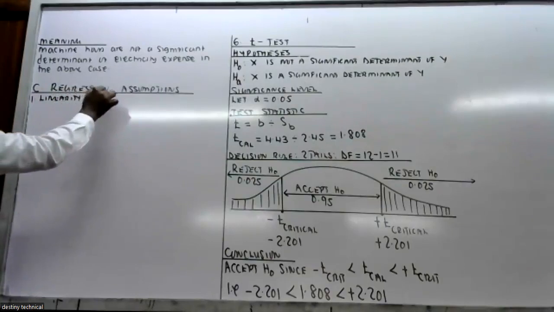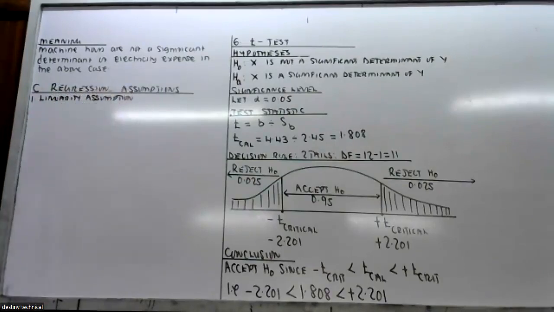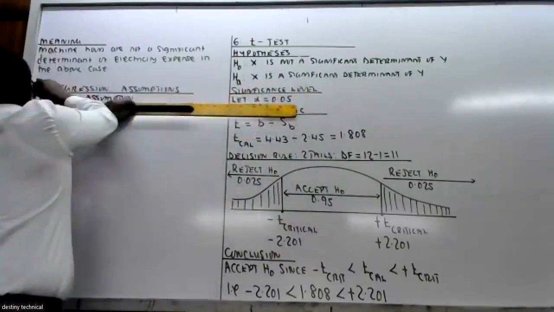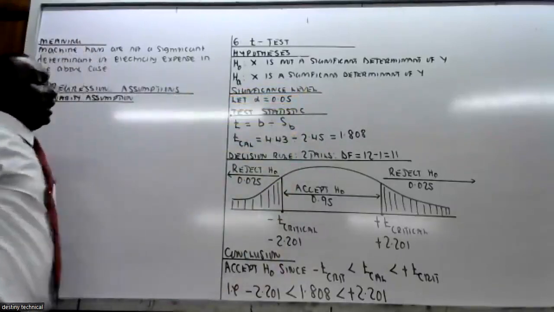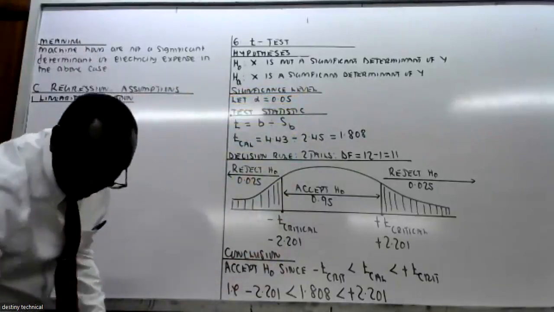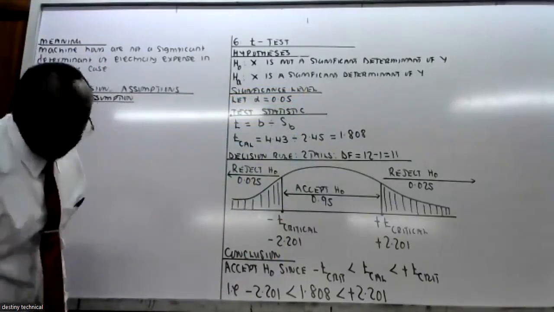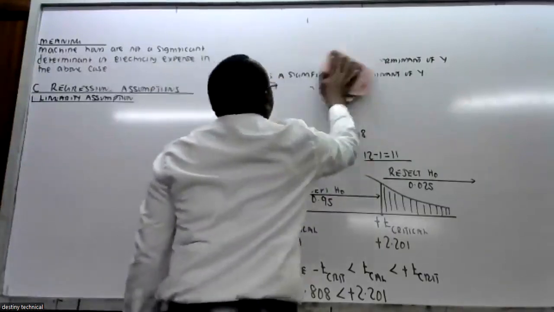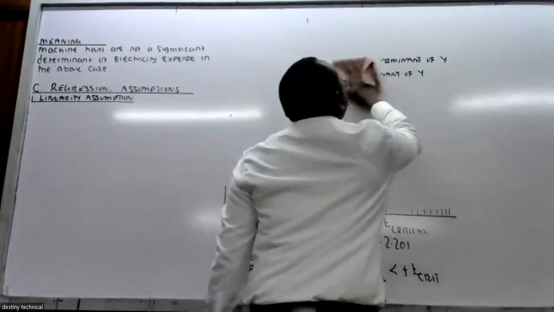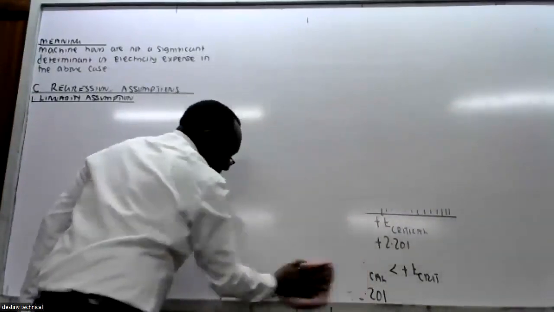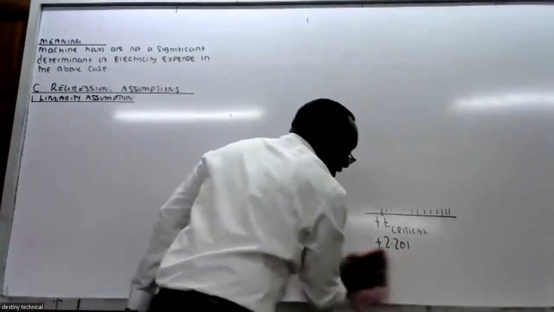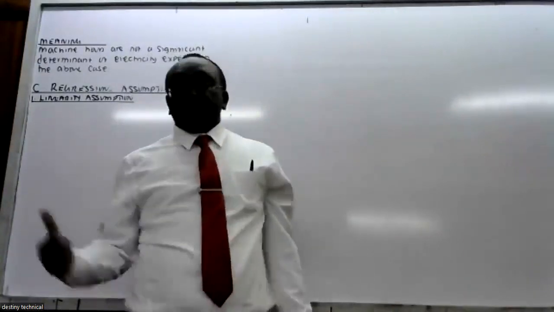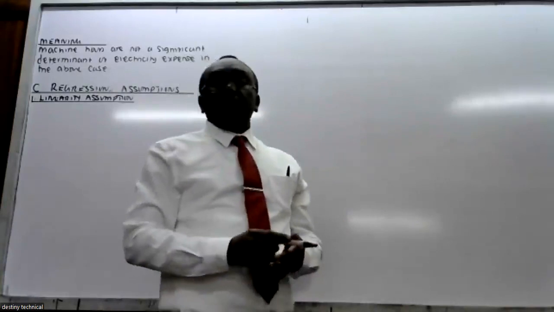Linearity assumption. It has been described in your notes, and it simply means that the relationship between X and Y is linear. It can be expressed in the form of y equals a plus bx. And specifically, it shows a straight line when it is plotted. So there are at least two ways we use to confirm this. The first way is you plot a graph.